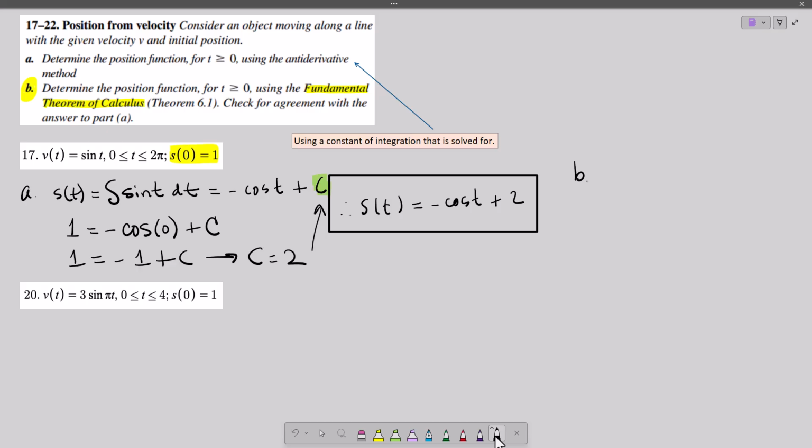So, we already wrote it on the board earlier. We wrote that S of t is equal to S of 0, got to know where we're starting, plus the displacement from 0 to t of the integral of the velocity function. And here is the part we often have to be careful with.